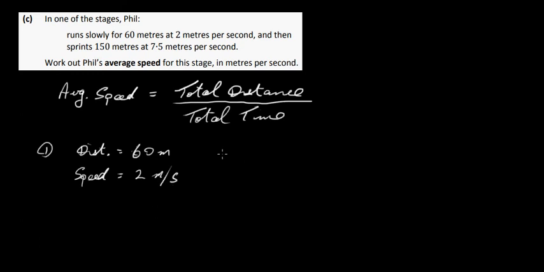So we can actually work out the time here. The time is going to be distance over speed. In this particular case, her time will be a distance of 60 divided by a speed of 2, which is 30 seconds. So she's actually going to do 30 seconds over the slow part of this stage.